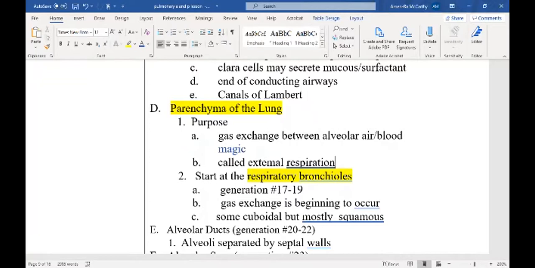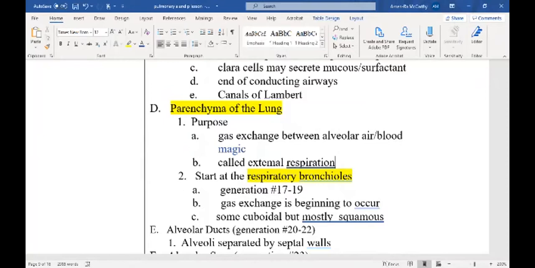The only place it can get into the bloodstream is in the parenchyma. Okay? Not in the trachea, not in the left and right main stem bronchus, not in the bronchi, not in the bronchioles, not even the terminal bronchioles. But when we get to the respiratory bronchioles or the parenchyma of the lung, that's when that gas finally gets to go into the bloodstream.